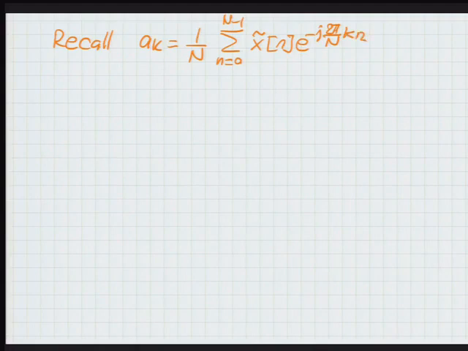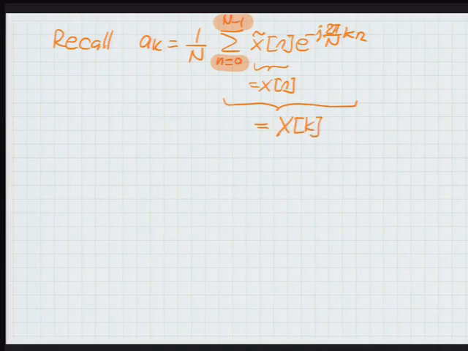Am I doing this right? And in this interval, from 0 to N minus 1, x tilde is the same as x, right? So what I have here is then the same as what I just defined, X of k, right? So this tells me, other than this factor, this division by N, I'm really looking at the Fourier series coefficients of the periodic version of my finite duration signal.